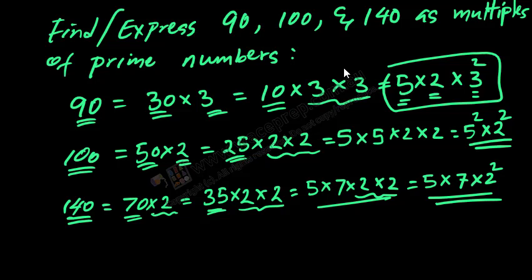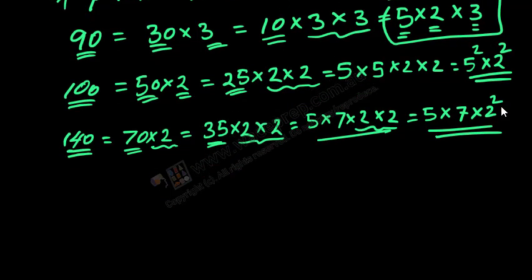Now that we have expressed all the numbers in terms of prime numbers, let's look at how we use these prime numbers to find the lowest common multiple or the highest common factor.